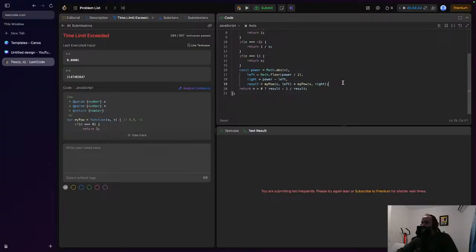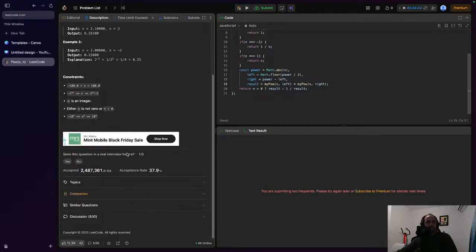Okay, it seems that splitting the problem in half is not good enough, which makes me think we probably had to use like binary.